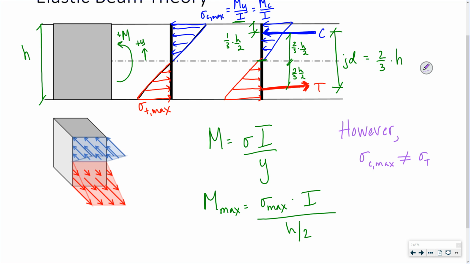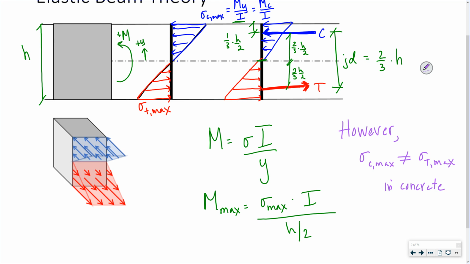However, my maximum tensile stress cannot equal my maximum compression stress allowed in concrete. As we've said, concrete is much better in compression than in tension. So I will fail in tension long before I fail in compression.